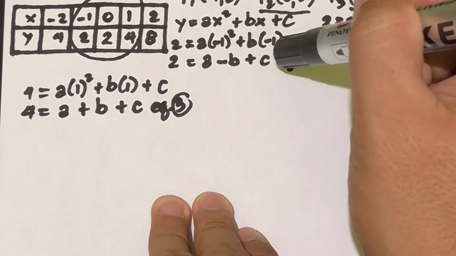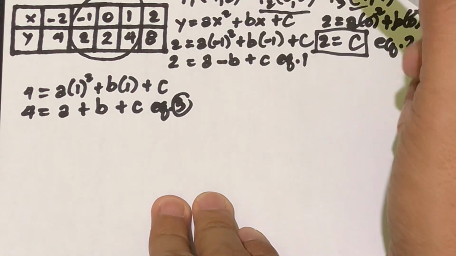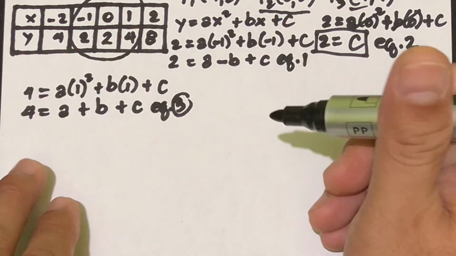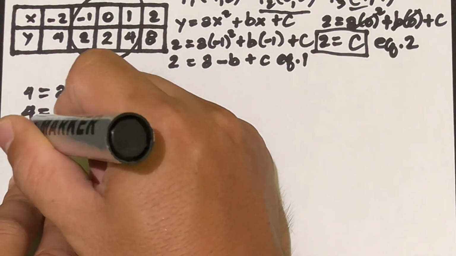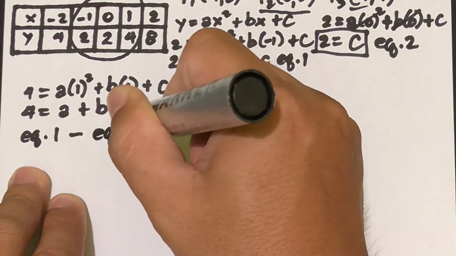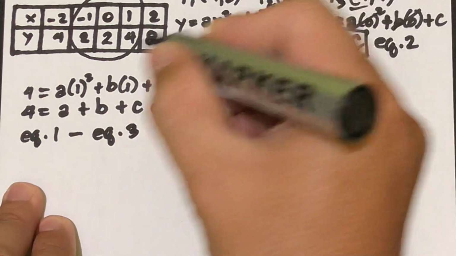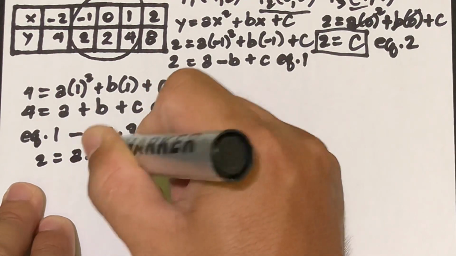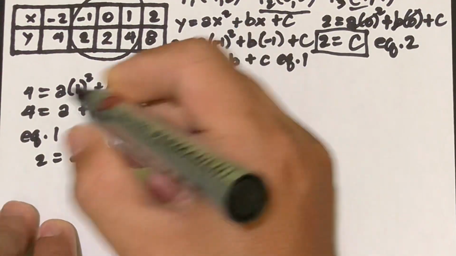If we subtract these 2 equations, we can find the value of b. So we will just subtract equation 3 from equation 1. Equation 1 is 2 equals a minus b plus c.